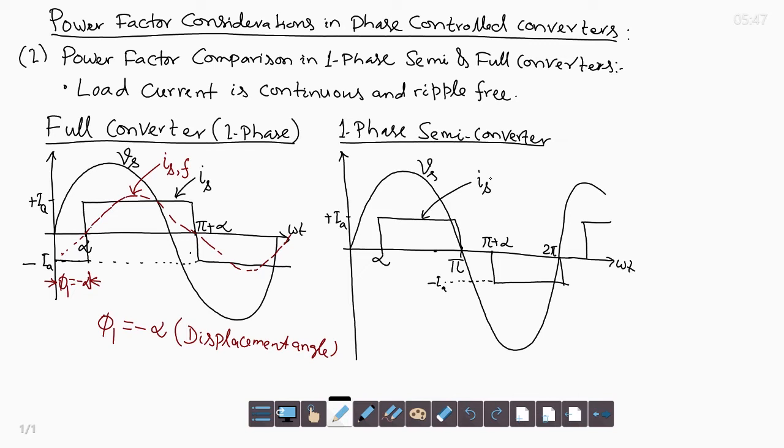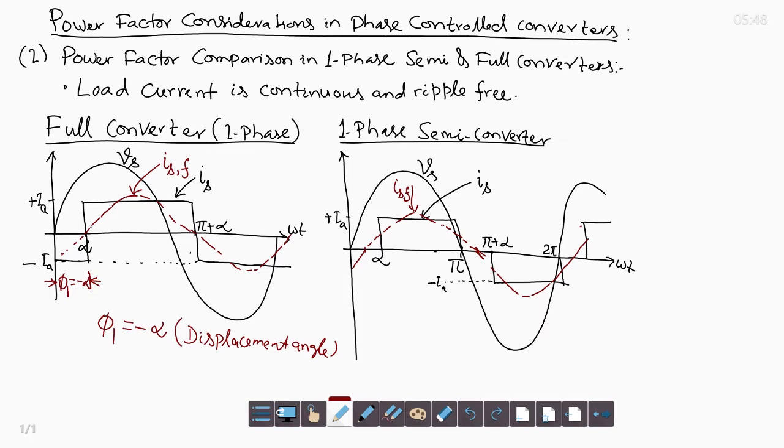Let us reconstruct the fundamental component of the supply current. Because at pi the value is plus Ia and at pi plus alpha the value is minus Ia, the zero crossing of the fundamental component will occur at the midpoint like this. So this is the fundamental component of the source current.